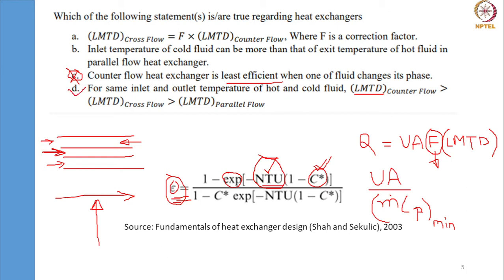So even D comes out to be true. The LMTD of counter flow is greatest, followed by the cross flow and then the parallel flow. So both A and D are correct. So we have multiple answers here.